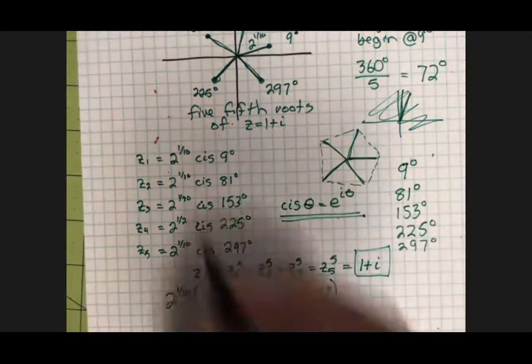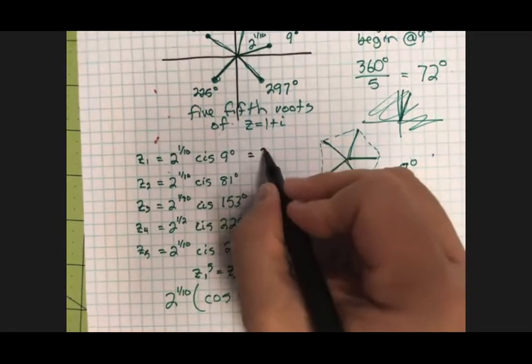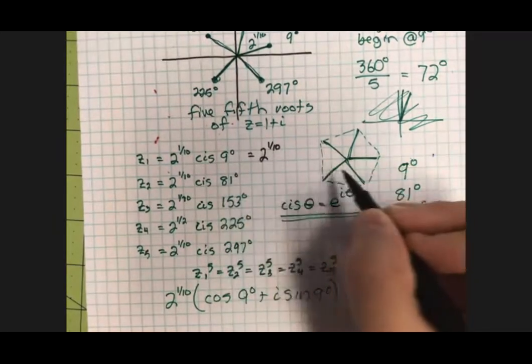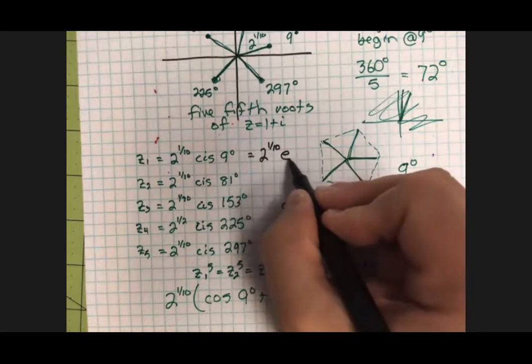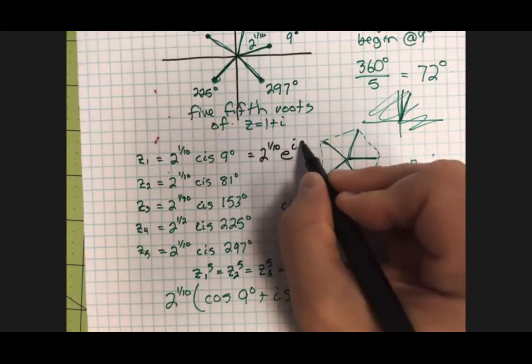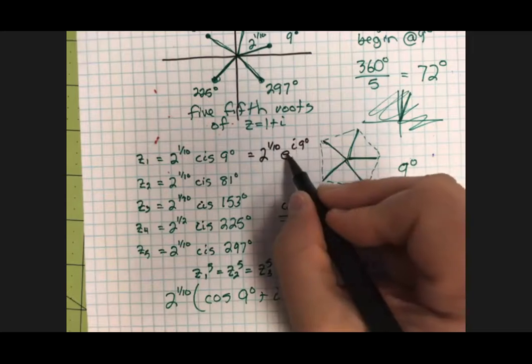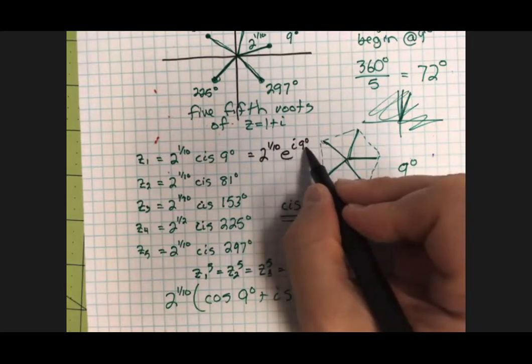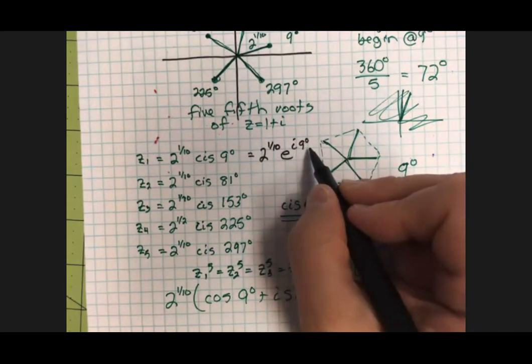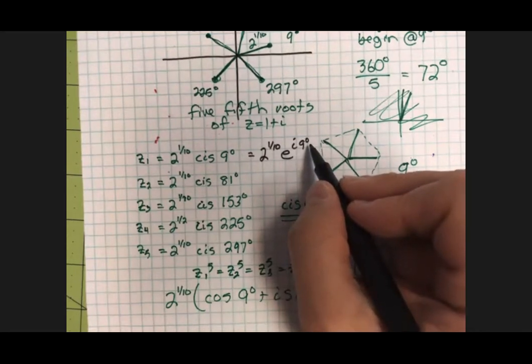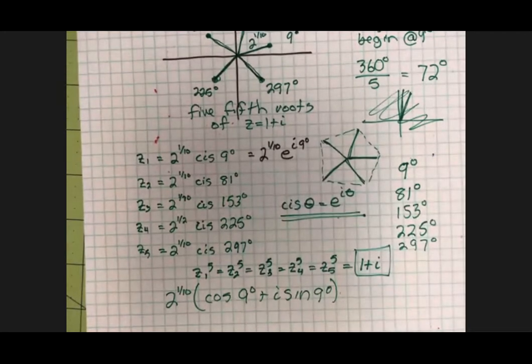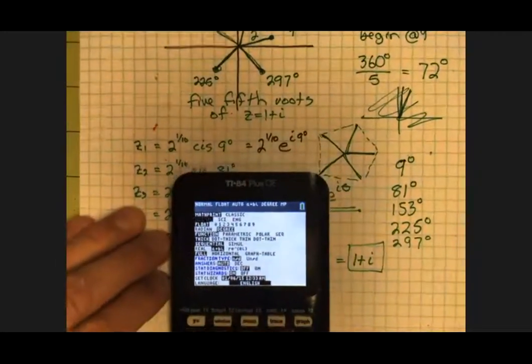So you could also write this number as 2 to the 1/10 e to the i times 9 degrees, or e to the 9 degrees i. Let me show you how to do that on the calculator.